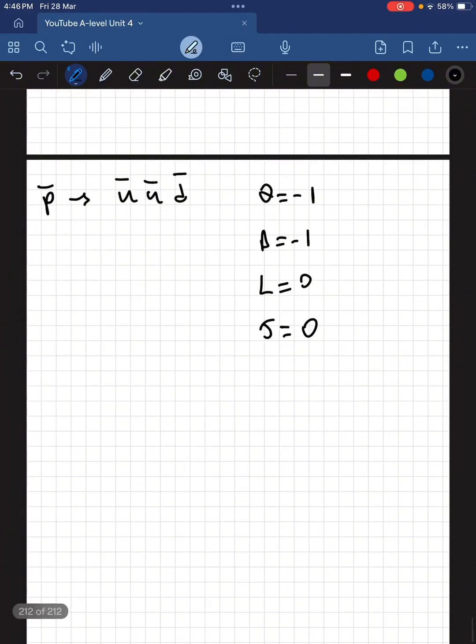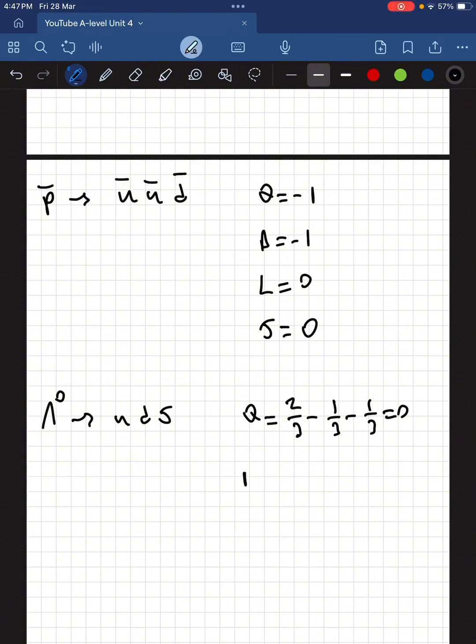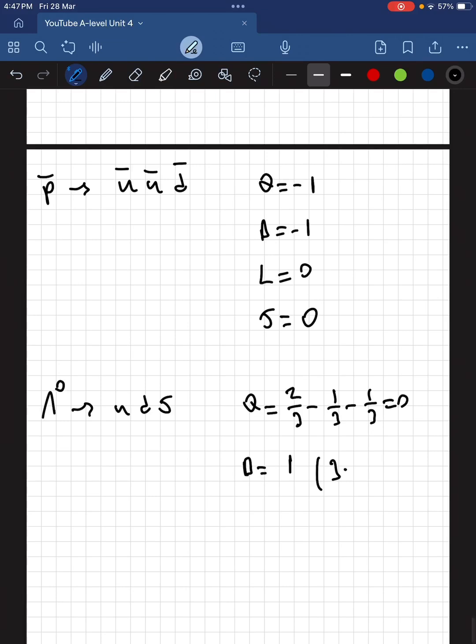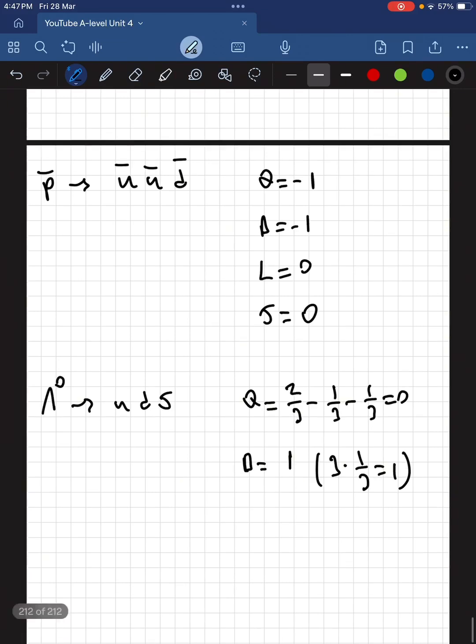Now let's talk about lambda 0. This is a baryon that consists of a U quark, a D quark, and an S quark. So the charge is 2/3, -1/3, -1/3, so that's 0, right? The baryon number is 1 because it's 3 quarks. Every quark carries a baryon number of 1/3, okay? So 3 times 1/3 gives you 1.